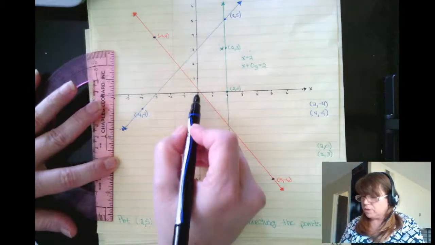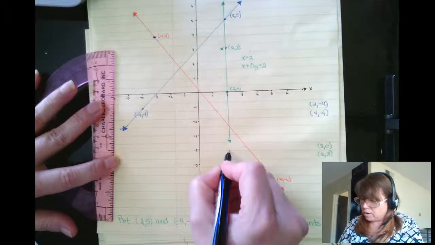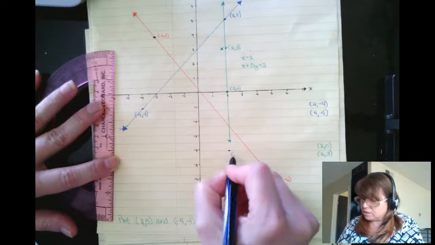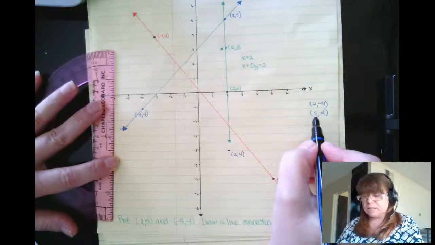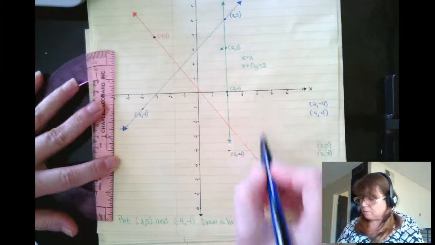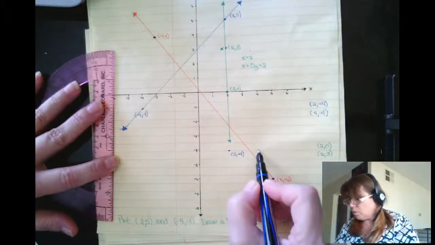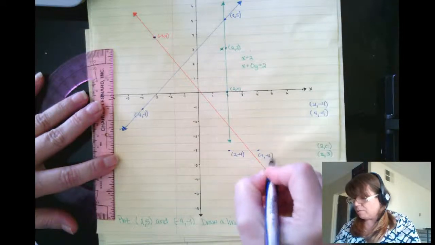So I move over 2, and then I go down to -4, and that's 2, -4. My next point is 4, -4. I move all the way to the right 4 spots, move down 4 spots, and I have 4, -4.